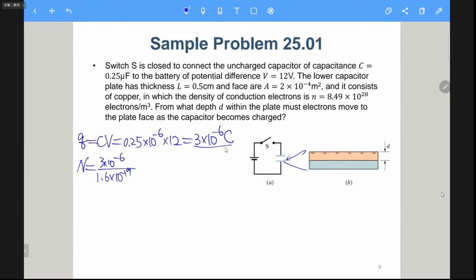Each electron will contribute 1.6 times 10 to the minus 19 coulomb of charge. So let's see how many electrons must be stored at the bottom plate. This is 1.87 times 10 to the 13 electrons.